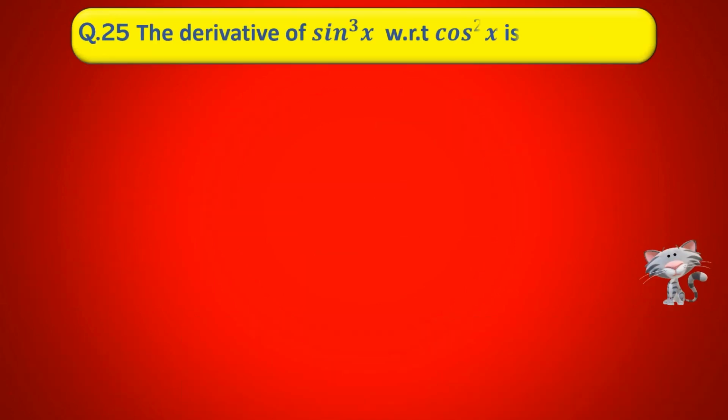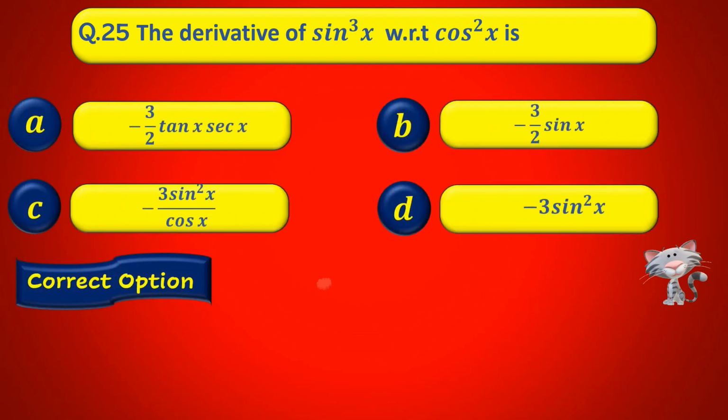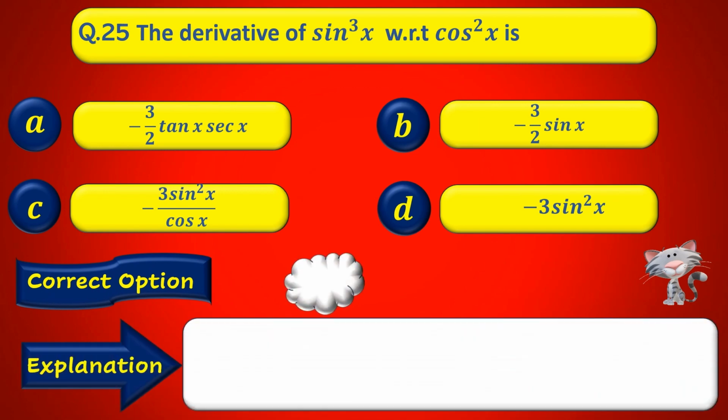Question number 25. The derivative of sine cube x with respect to cos square x is, and the options are, and the correct option. But before that, let's explain it. We apply the chain rule to evaluate this derivative. Call sine cube x as y and cos square x as u.